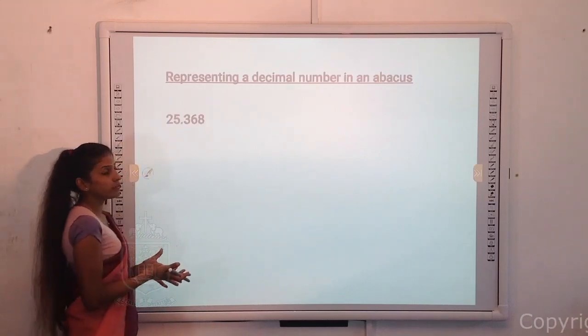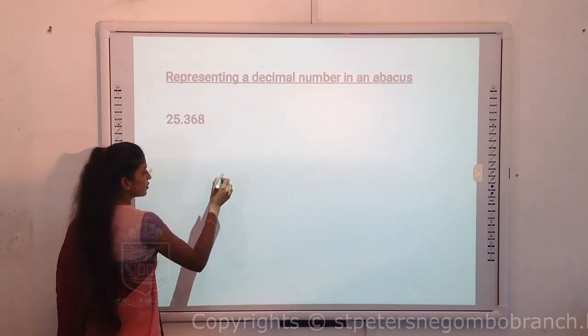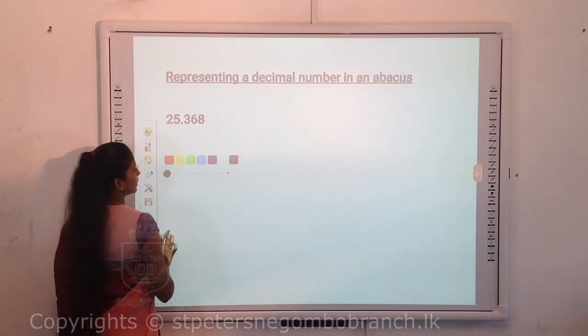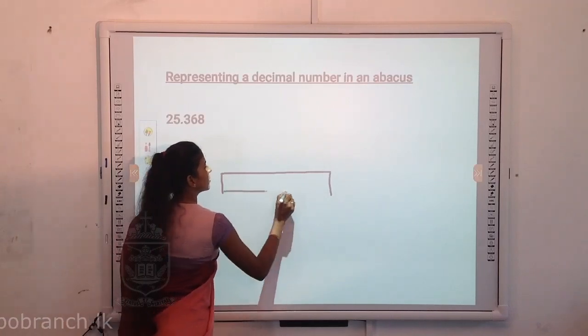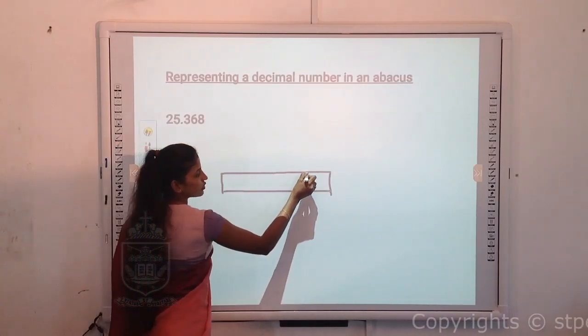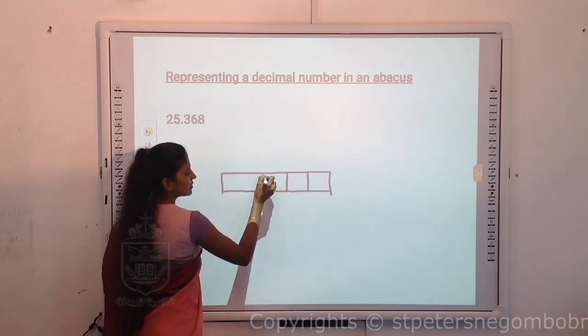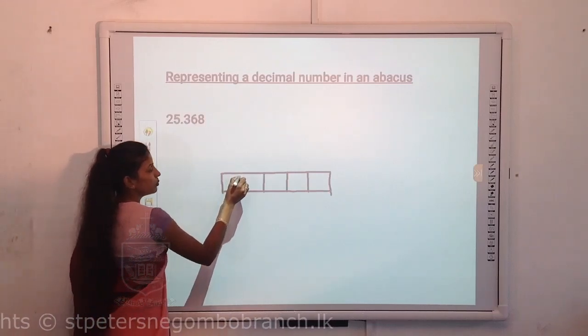So let's see how we can represent this decimal number on an abacus. If we are to draw an abacus, we can draw it like this. You can see there are three decimal places, so there should be three decimal places like this. And to the left of the decimal point, you have two place values.